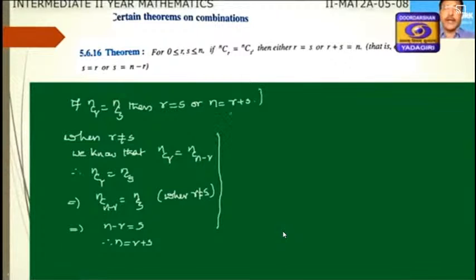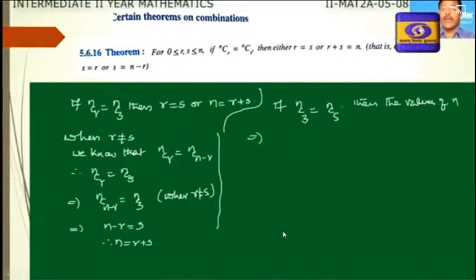So this formula is applied like: if nC3 is equal to nC5, then the value of n. So now here nC3 is equal to nC5.